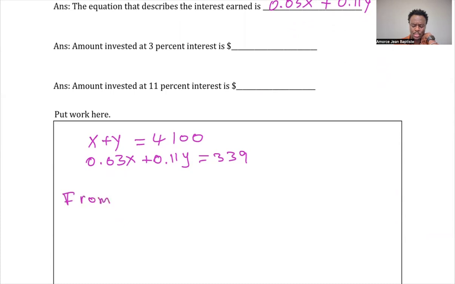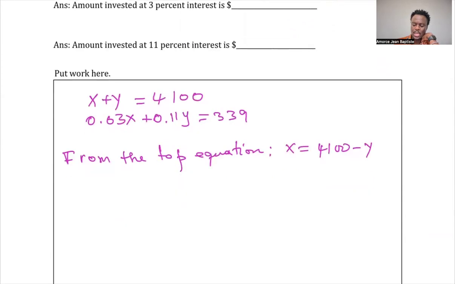From the top equation, we have X equals 4,100 minus Y, and then we can substitute X equals 4,100 minus Y into the bottom equation.